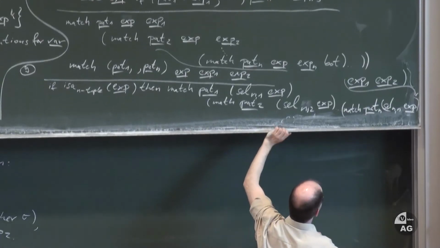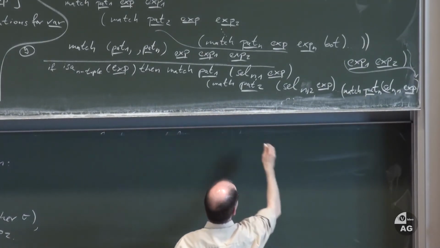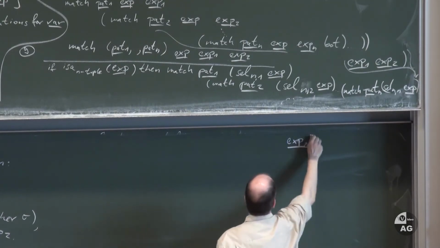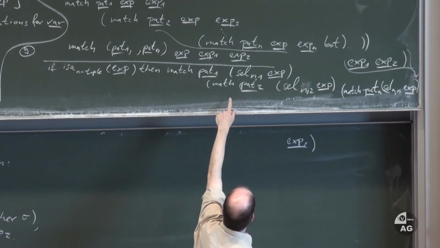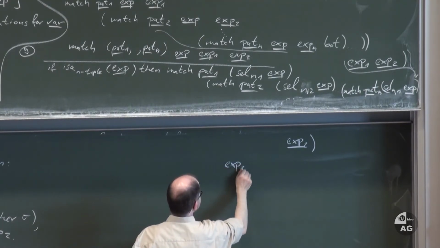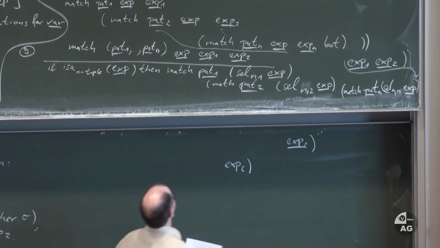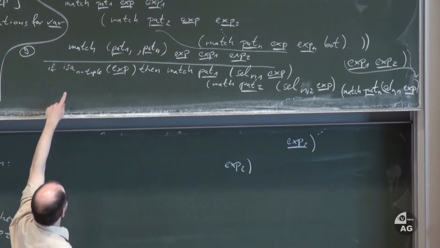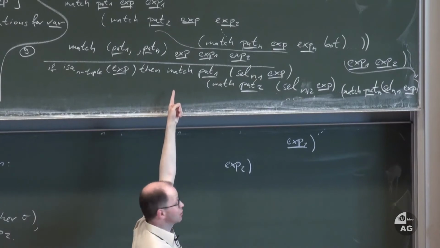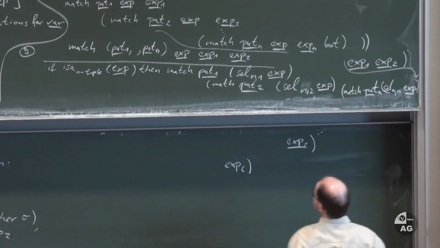If we write this below, then this match application has x2 as its last argument, and this match application also has x2 as its last result. So if this was an n-tuple, then we do all these matchings, and if one of the matchings goes wrong, we have x2 as the result, and if all the matchings work, we have x1 as the result.